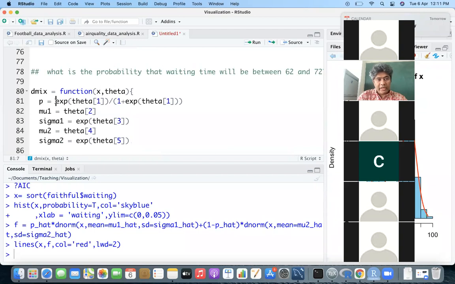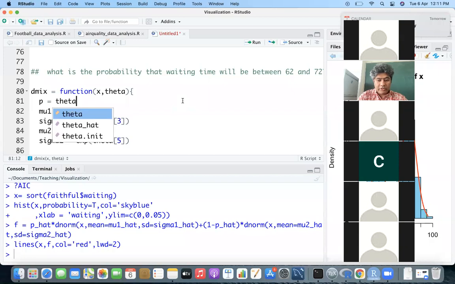In here, I'm going to pass the parameters, but I don't actually need theta 4 and theta 5.